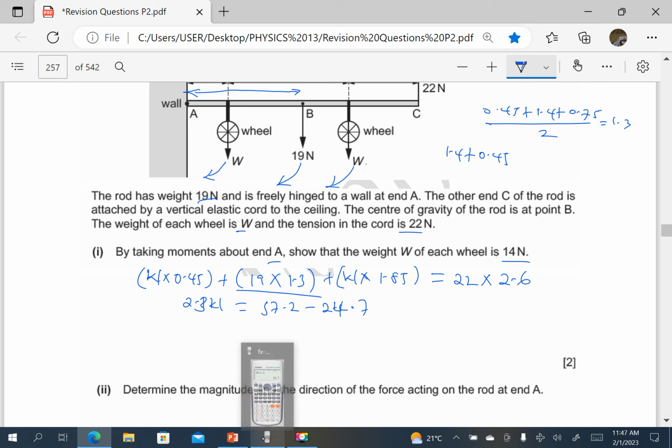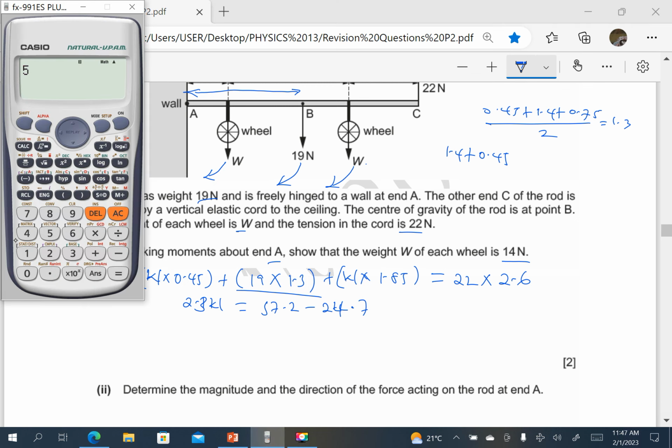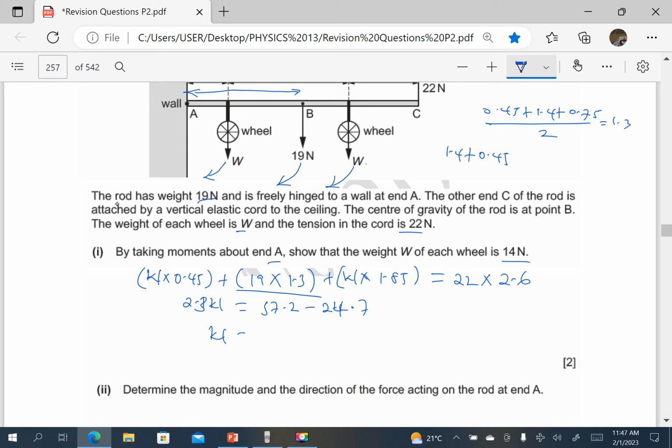So 57.2 minus the answer, then we divide by 2.3. So that is 14.1. So W is equal to 14.1 or approximately 14 newtons.